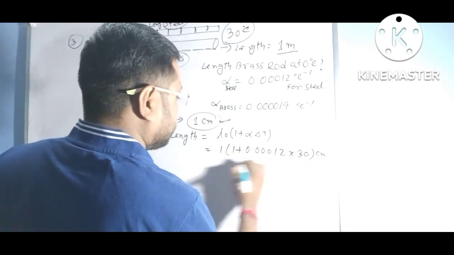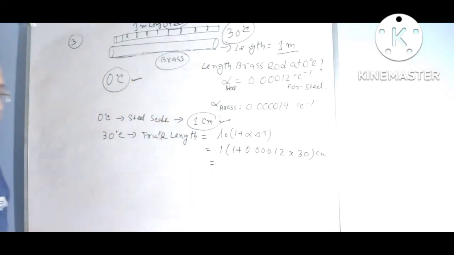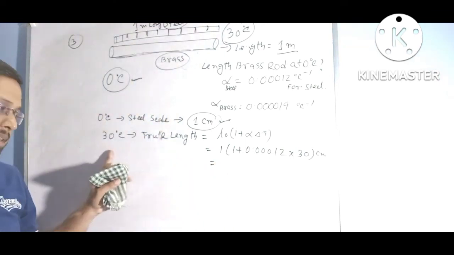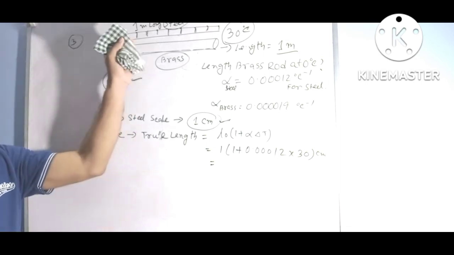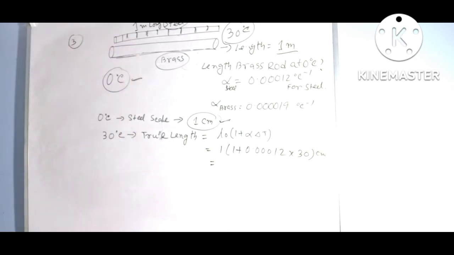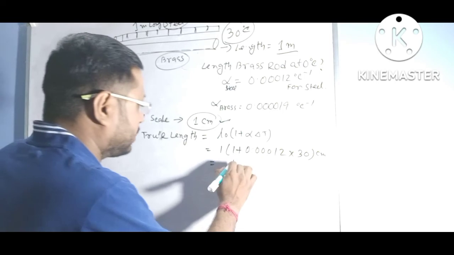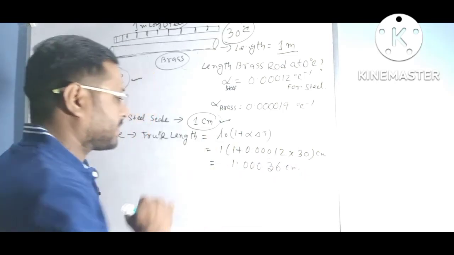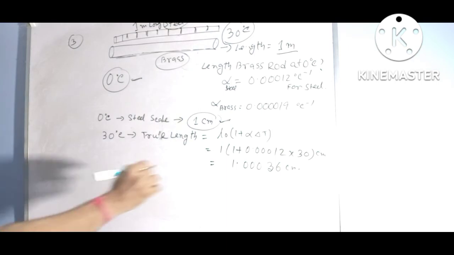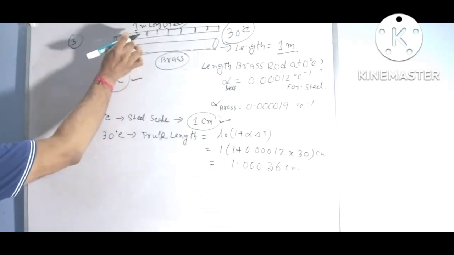This is in cm. So in 30 degree centigrade, each smallest division is given by 1.00036 सेमी.